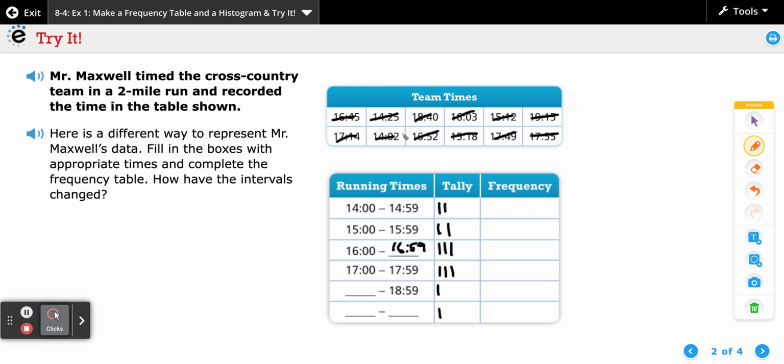2, 4, 6, 8, 10, 12 pieces of data. 2, 4, 5, 6, 7, 8, 9, 10, 11, 12 tallies. So I was careful, and I believe that I did that accurately. And then we go through and we say, okay, 2 tally marks is a frequency of 2, 2, 3, 3, 1, and 1.